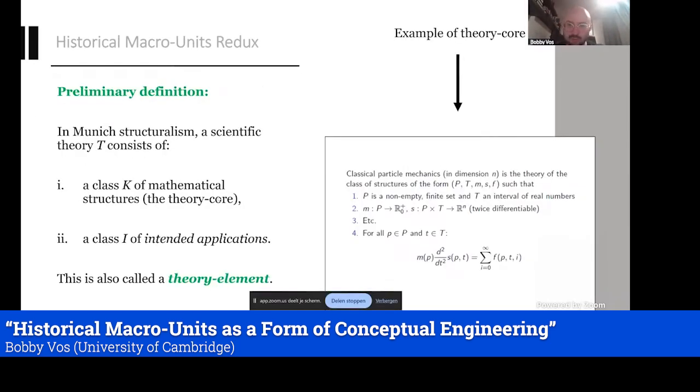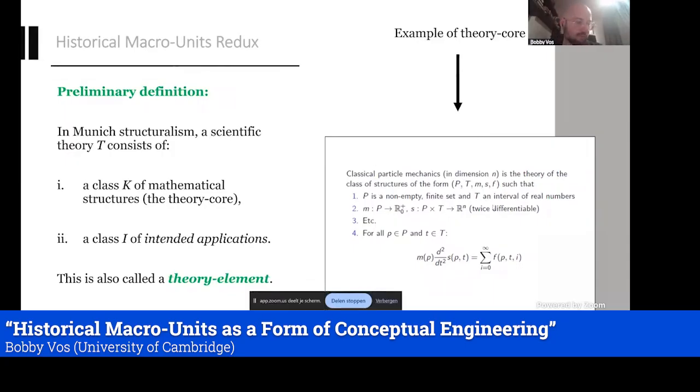As part of this program, we can give a definition of the meta-scientific concept of theory. It will look something like this. A theory consists of a theory core K together with a class of intended applications I, and this theory core itself is a set-theoretic entity consisting of the various quantities relevant for the theory at hand, defined by means of various set-theoretic axioms.